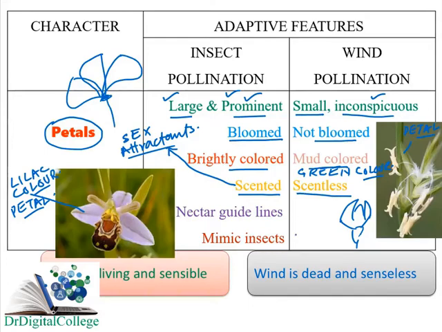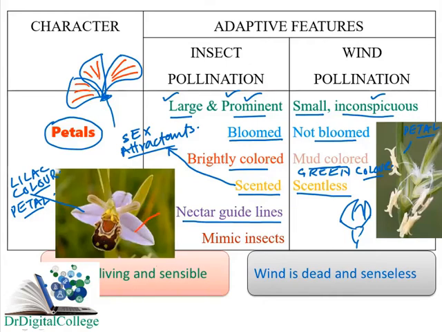Then in case of insect pollinating flowers, there are nectar guidelines. Say for example, if this is the petal, on the surface of the petal there is a guideline. It's like this. This is a guideline on this petal. This is a guideline on these petals. Look at this. This is the guideline.